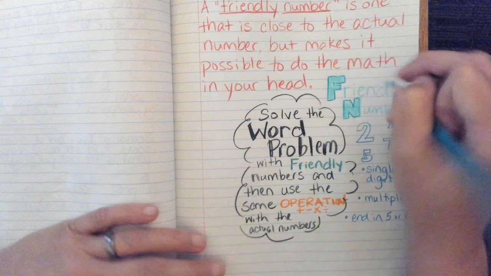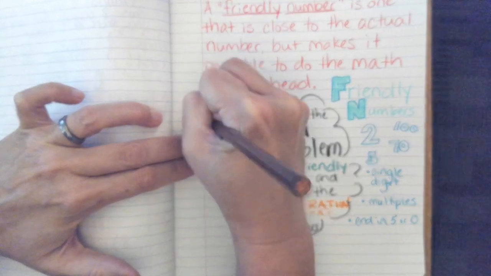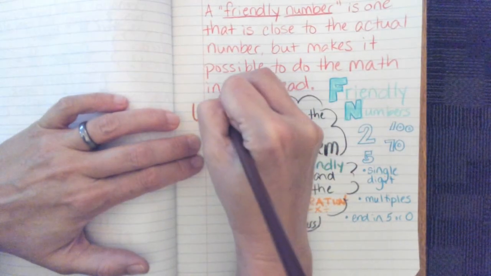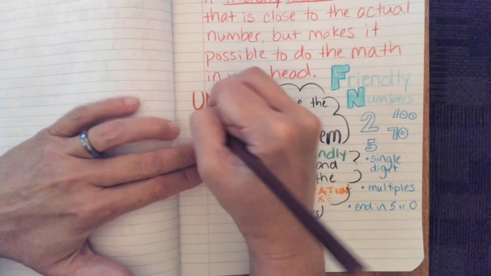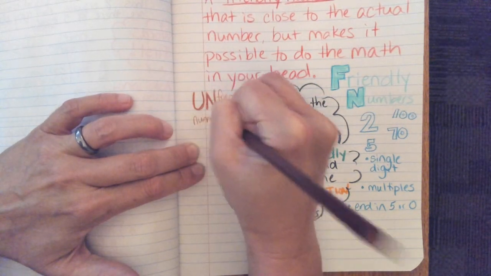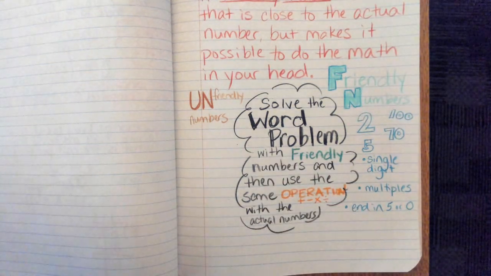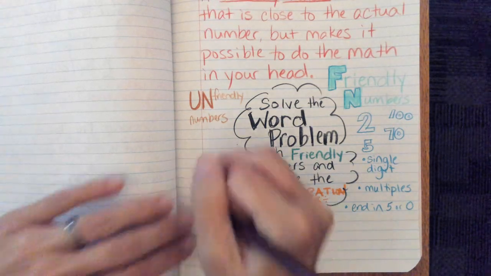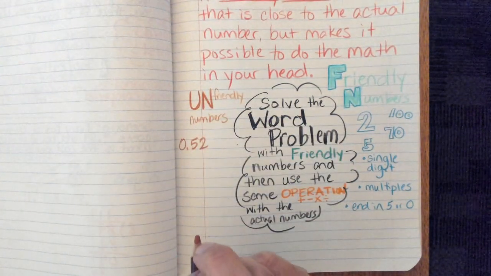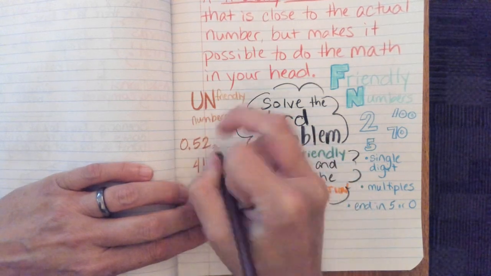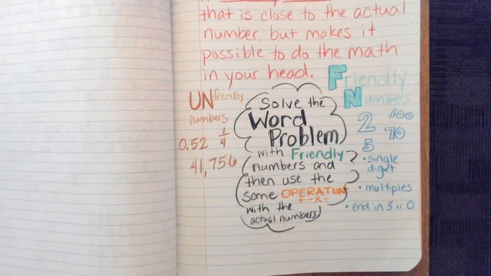Which then begs the question, what is an unfriendly number? Examples of unfriendly numbers would be things like 0.52, 41,756, 1/4.